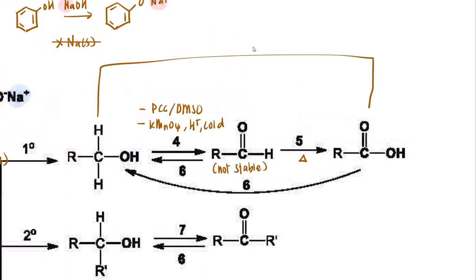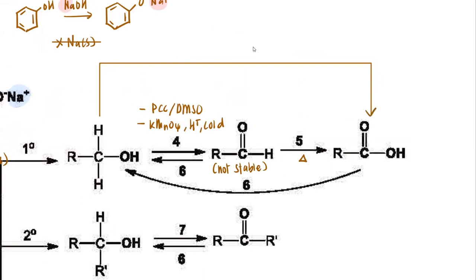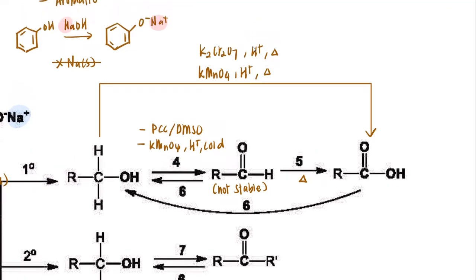Anyway, you can also directly synthesize carboxylic acid from primary alcohol just by using a stronger oxidizing agent such as potassium manganate, and make sure it's heated, or else you can also use potassium dichromate in acidic solution, and you heat it up. It will directly form carboxylic acid. But remember, every time you use this kind of solution, for example potassium manganate and potassium dichromate, you have to state clearly the observations. What are the color changes? For potassium manganate, it will be purple to colorless.